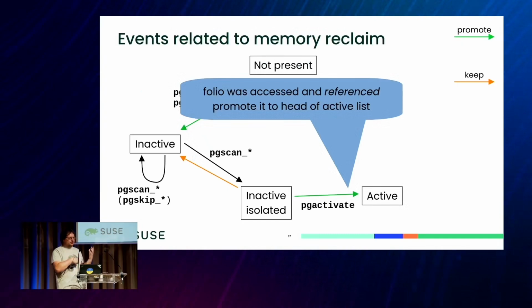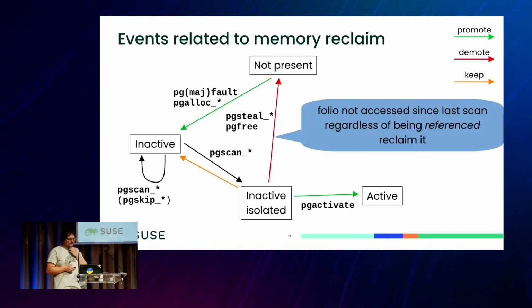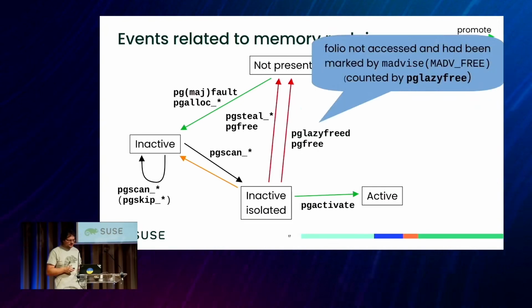Now, if the folio was already accessed and already marked as referenced, it means it's used a lot, so it's put in the active list, and there's the pgactivate counter for that. Otherwise, if it was not accessed, then even the reference bit doesn't save it, and we reclaim it, increment the pgsteal counter, that's the counter for reclaim, and pgfree because we eventually free it as well.